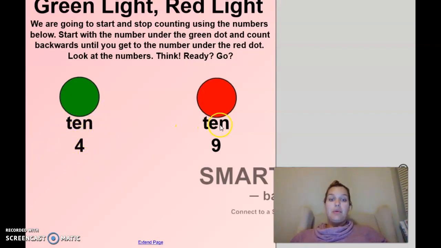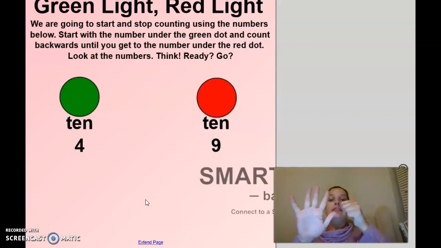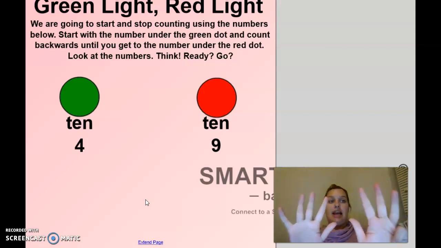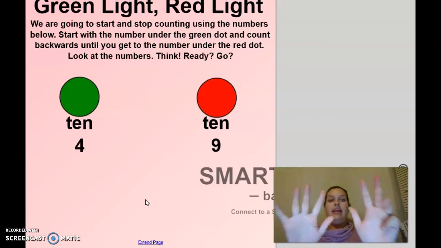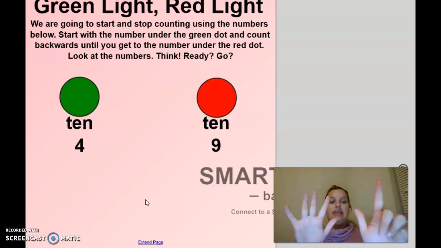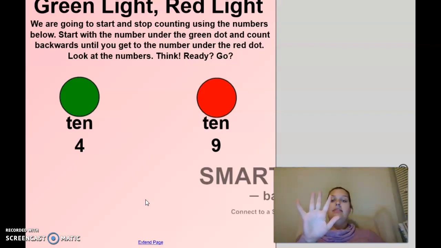This says 10, and what's this number? 4. And we're going to stop at 10, 9. 10, 4, 10, 5, 10, 6, 10, 7, 10, 8, 10, 9, 10, 9, 10, 8, 10, 7, 10, 6, 10, 5, 10, 4.